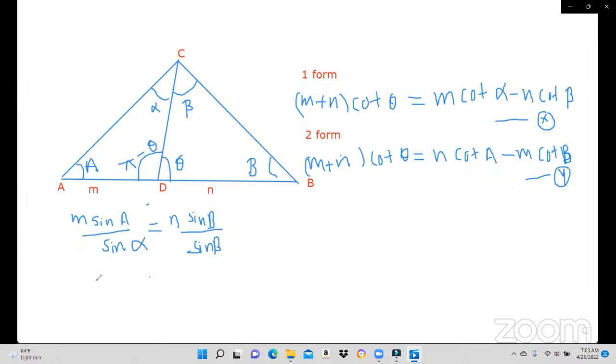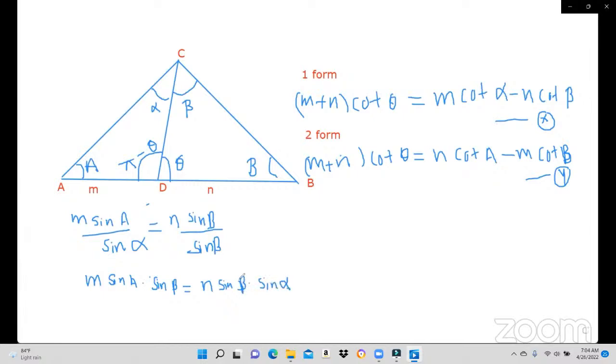So M sine A sine beta equals N sine B times sine alpha.